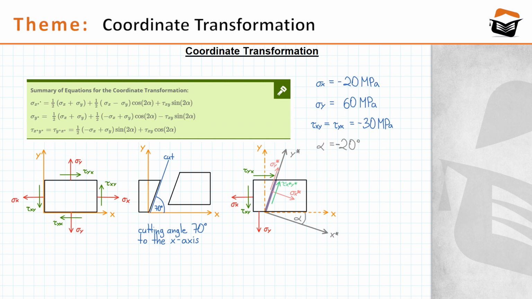So let's grab the first formula for sigma x star. That's the stress magnitude in the x direction of the new coordinate system. And that is equal to 1/2. Sigma x is minus 20 megapascal, so I should insert the negative value right away. Plus sigma y, so plus 60 megapascal.